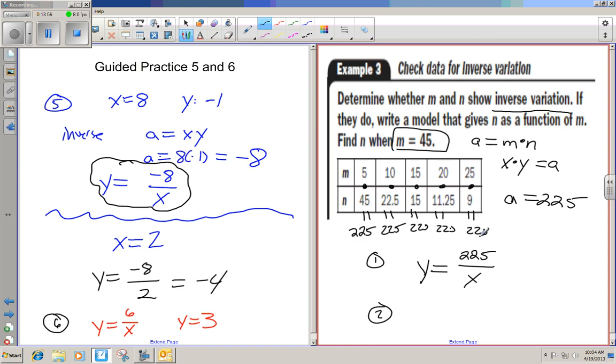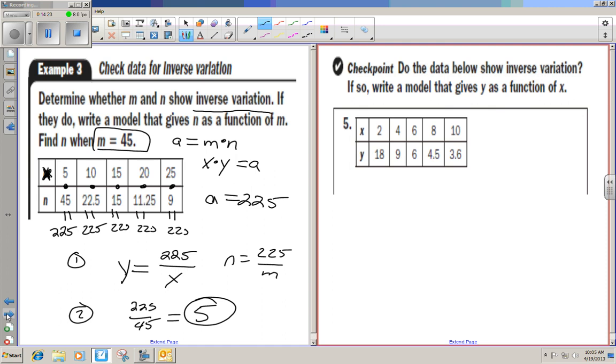You got to make sure that you know which one is which here. All right, this m represents our x's, so it's x right here. This would actually be n equals 225 over m. And when you plug 45 in there, you end up having it be 5. All right, do the same for this as a checkpoint. Multiply them together.